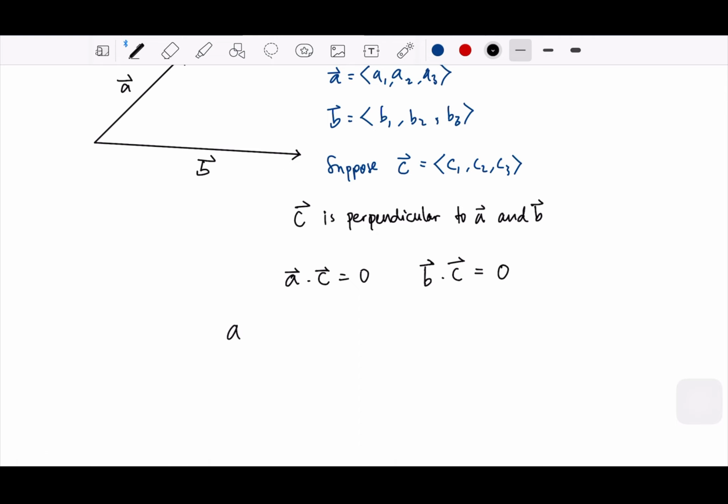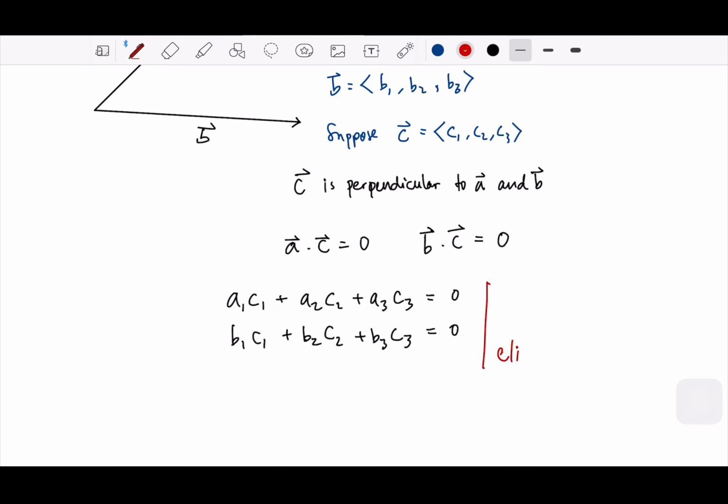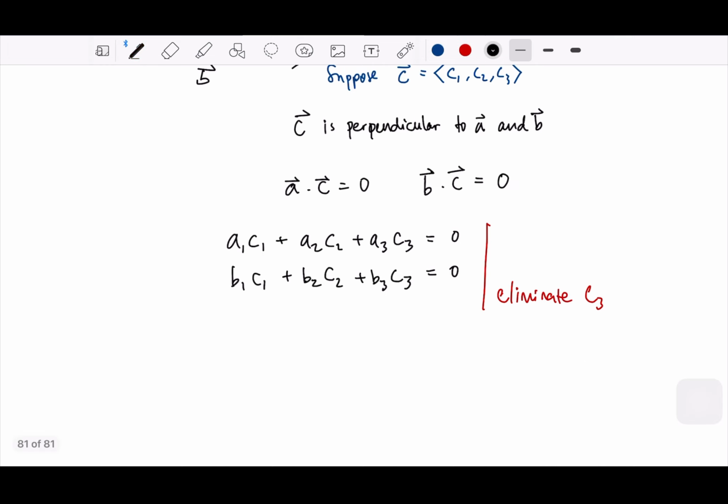Now we can develop two equations from here, and then eliminate C3. You can try substitution or just elimination.